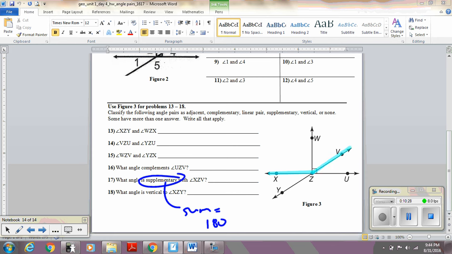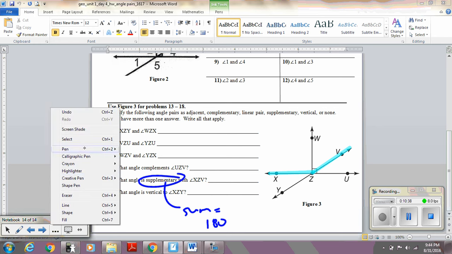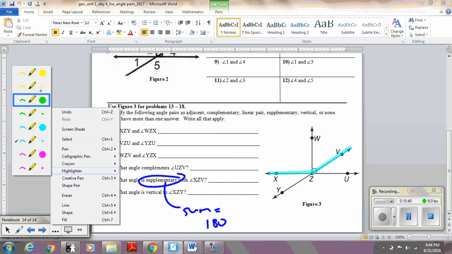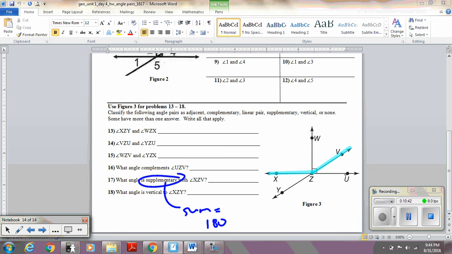Look how large that angle is. It's almost forming a complete line, but there's just a small piece that's still missing. That small piece would be found in this angle right here, UZV. So that would be supplementary.